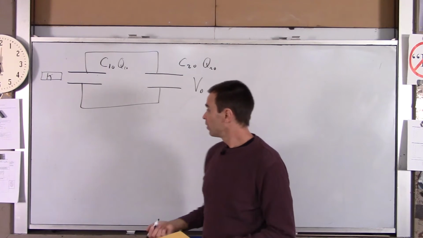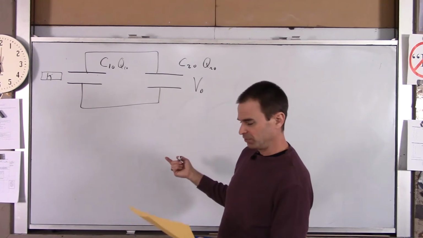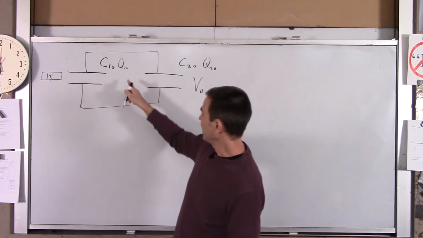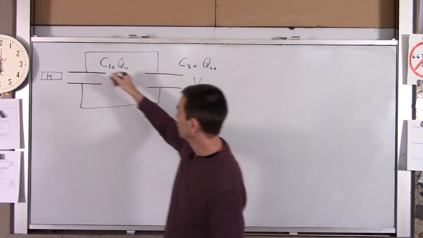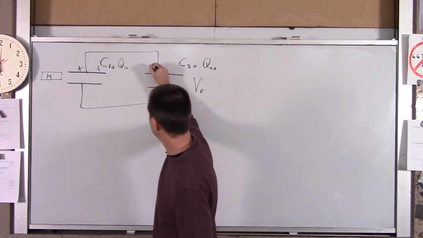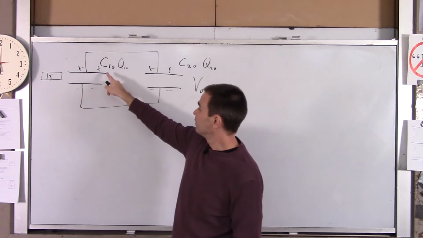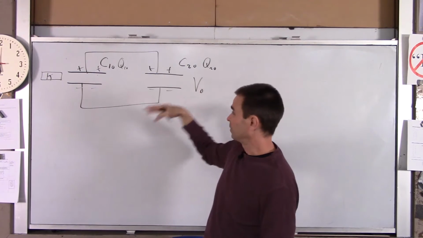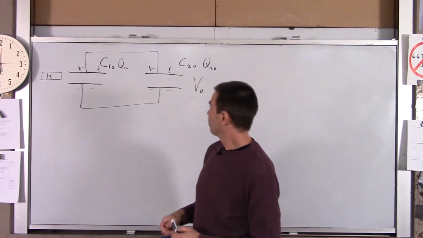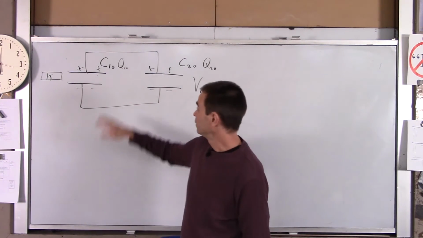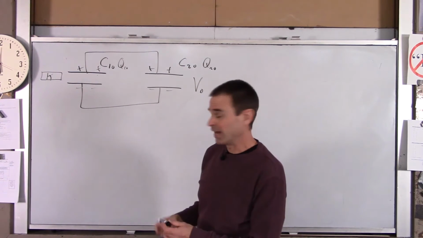The first thing you're going to notice is that beforehand, this charge plus this charge, and we'll assume the top of the plates are positive and the bottom of the plates are negative, this charge plus that charge equals the total. So Q total is Q1 naught plus Q2 naught.